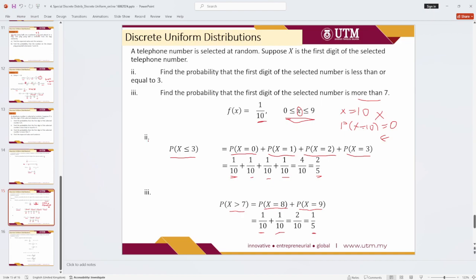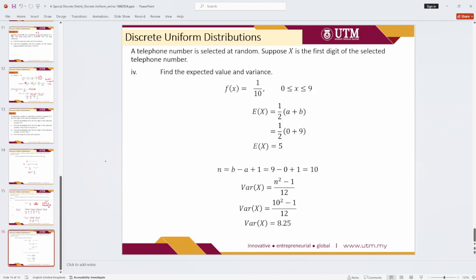Okay, oh, there's one more. Alright, so here we have the expected value. We want to find the expected value and the variance. Again, we're using the same PMF, the same probability mass function, and x from 0 until 9. So to find the expected value E(X), our a would be 0 and our b would be 9.